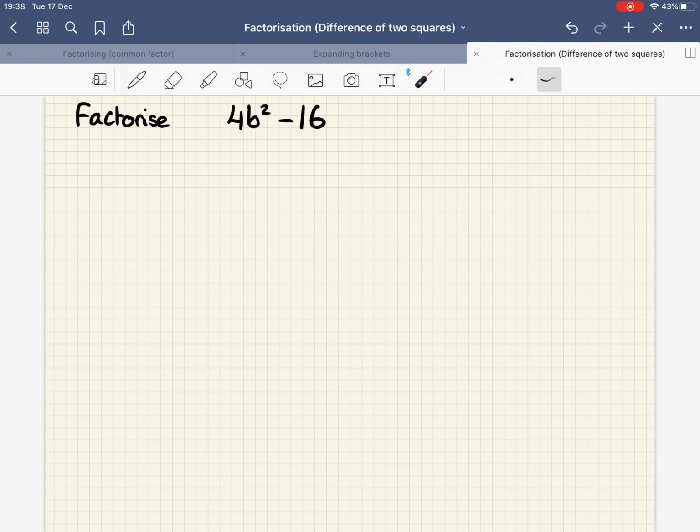So in our next example, we have 4b squared minus 16. Now, we've already gone over common factorisation. And the order you should always think about when it comes to factorising is, first, is there a common factor?